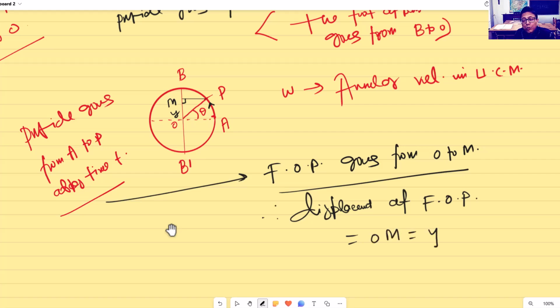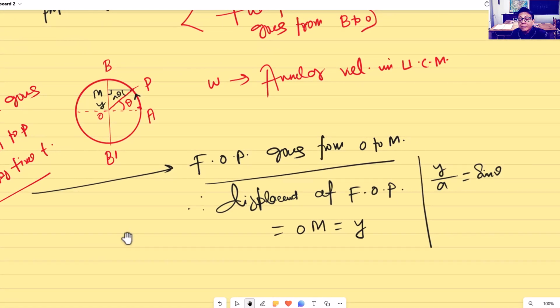OM is what? Y. In the diagram, Y by A is what? If this angle is theta, you can see that this one is going to be theta, alternate angle. So Y by A is going to be sine theta. Agree or not? The perpendicular by the hypotenuse is Y by A equal to sine theta. Therefore, Y equal to A sine theta.